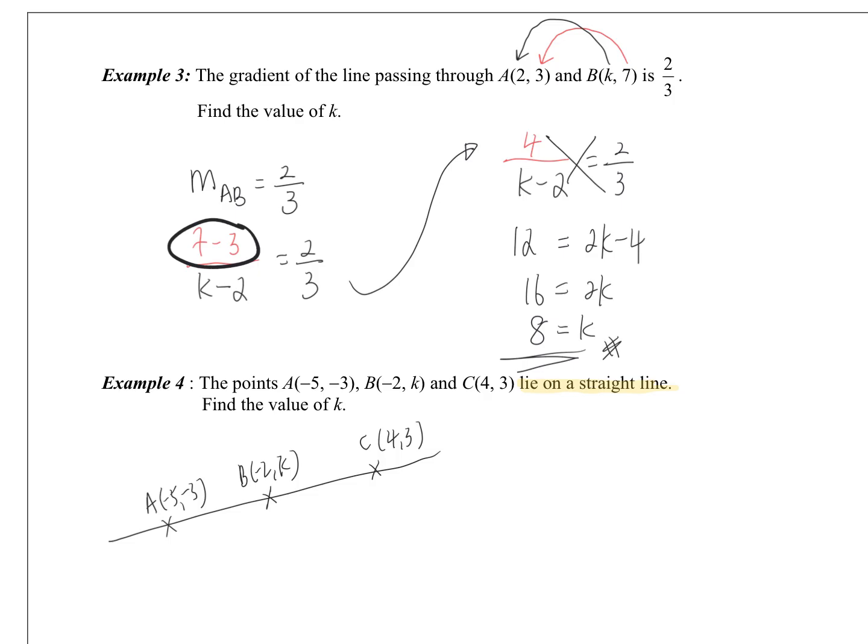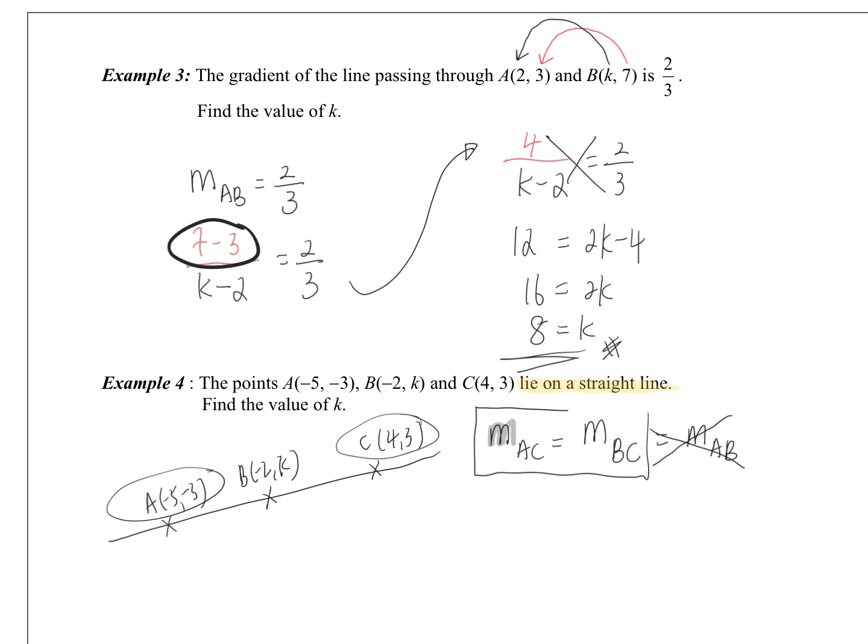So gradient of any 2 points on the line should be the same. So I will pick gradient of AC because there's no unknowns. I can calculate the gradient immediately. So gradient of AC should be equal to the gradient of BC. It is also actually equal to the gradient of AB. But I don't need to show all. I just need to pick a pair. So I will drop AB and just refer to these two.